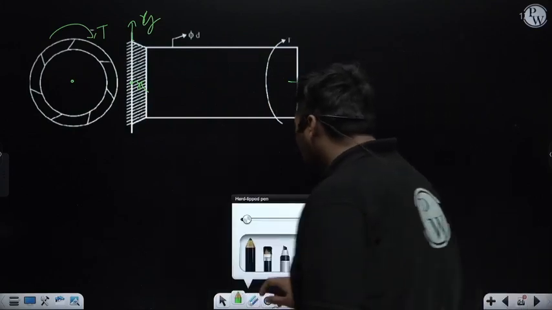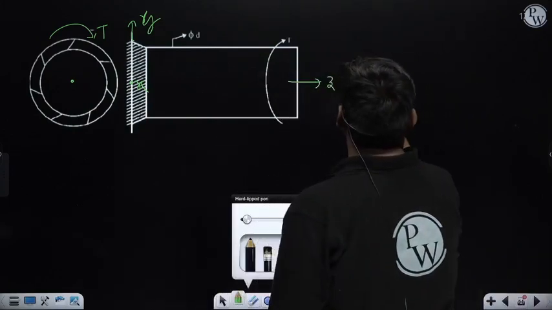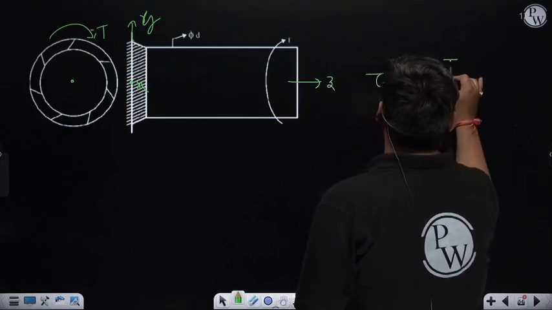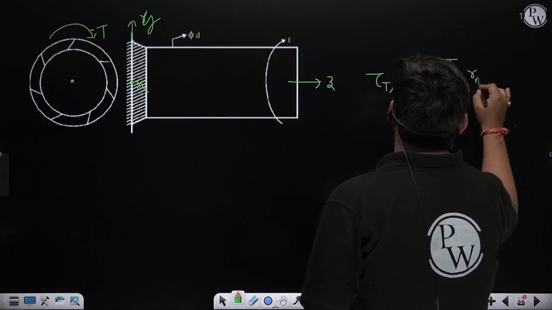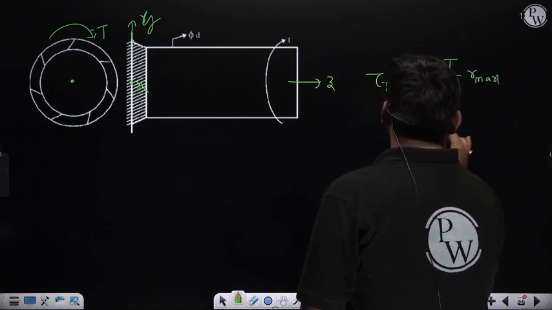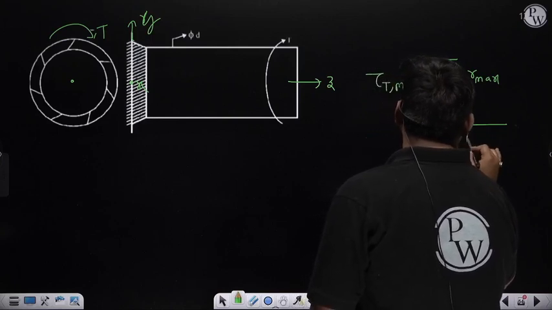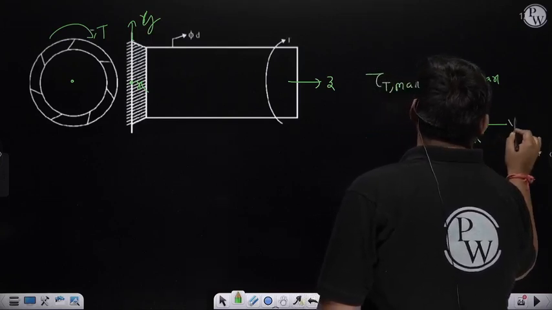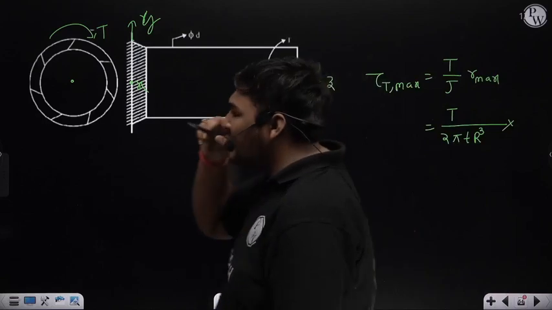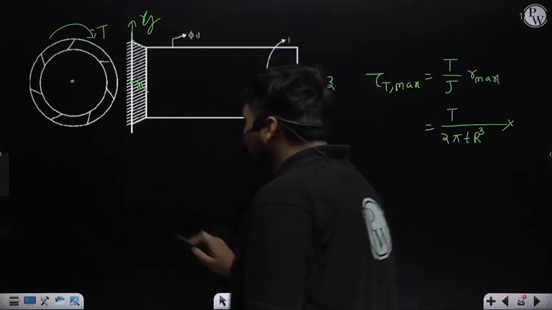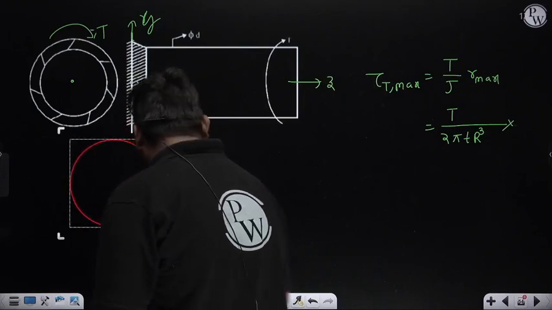Now due to this torsion moment, the maximum torsion shear stress will be T upon J into R, the maximum value of R. T is the torsion moment. For this case, the formula for the polar moment of inertia is 2 pi t r cube, and R max is the maximum radial distance from the centroid, but when finding the distance we will refer to this diagram as a line diagram.